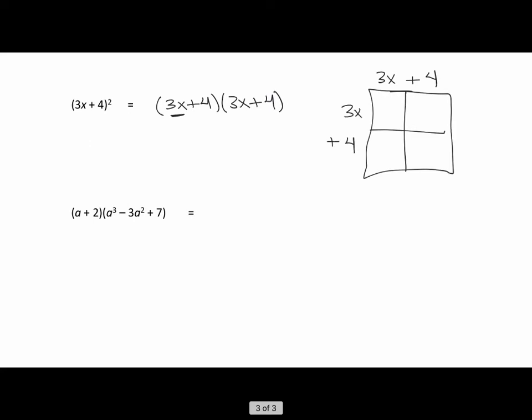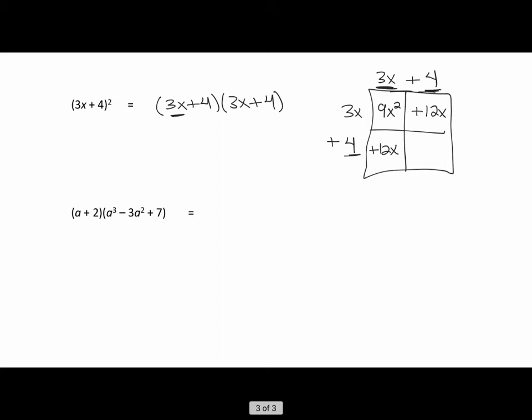So if we multiply 3x times 3x for the first tab here, 3 times 3 is 9, and x times x is x squared. If we multiply 3x times 4, then 3 times 4 is a positive 12 times x. If we go to the next tab here, 3x times 4 is a positive 12x.